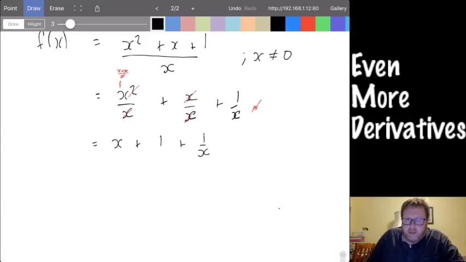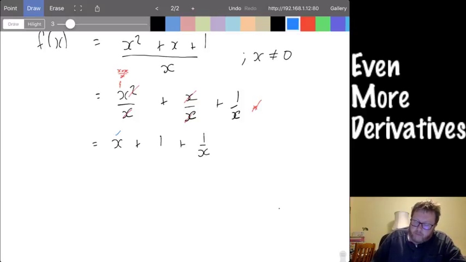Now that looks like it's almost doable. I hope you can see. I mean, if I just do it with a little blue tick, it doesn't mean anything, but that can be derived. The derivative of x is 1. That can be derived. The derivative of a constant number is 0. This one can be derived, but it doesn't look familiar.